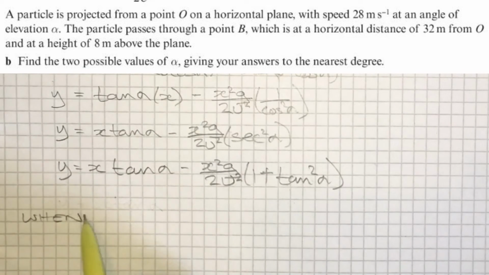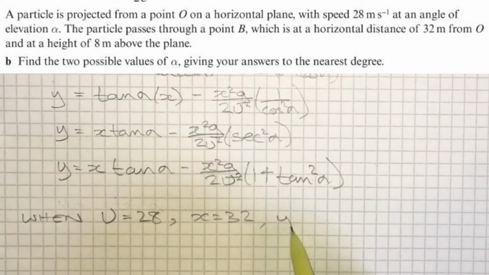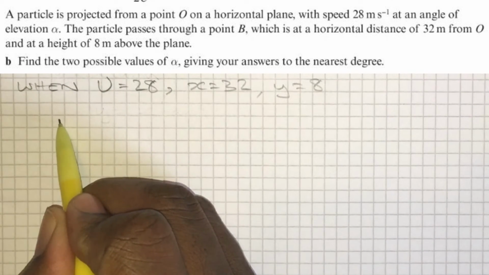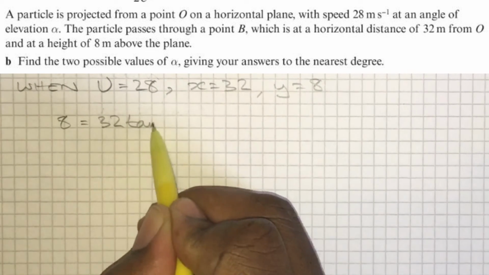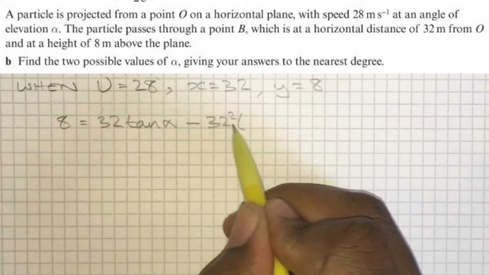Okay, so let's just move on to a situation where we're actually given values for these variables. So the initial velocity is 28 and the position horizontally is 32 while vertically is 8. We'll just go ahead and substitute these values into the expression that we just generated.